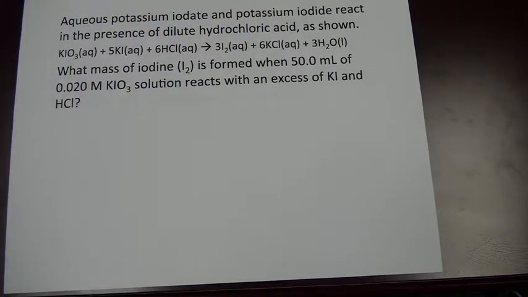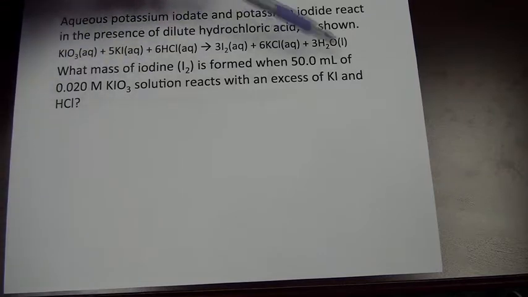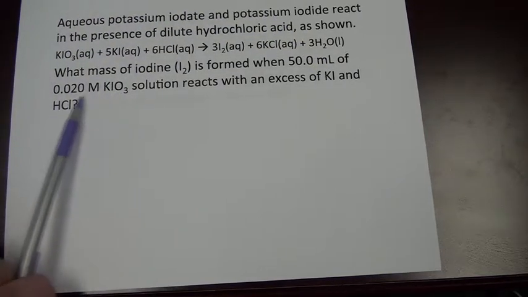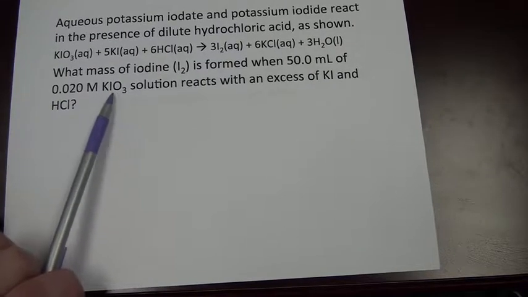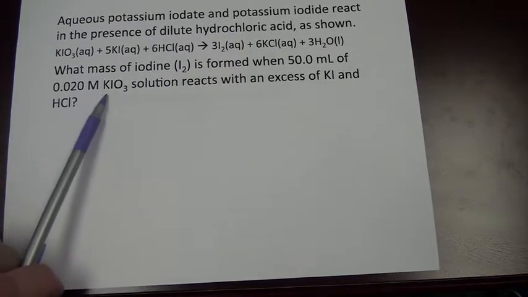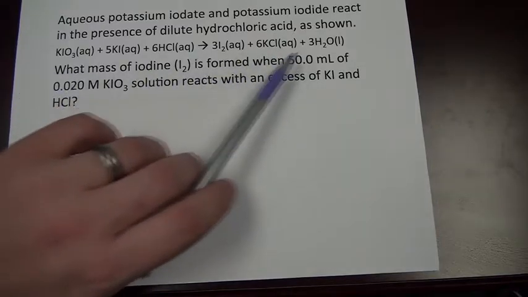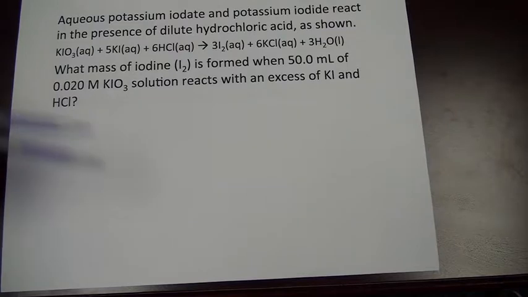What mass of iodine, or I2, is formed when 50 milliliters of 0.020 molar potassium iodate reacts with excess KI and HCl, which tells us that this compound is going to be our limiting reagent, so the amount formed is going to be determined by the amount of that which is present. This is an oxidation reduction reaction, but we can treat the calculations for this just like we have before.